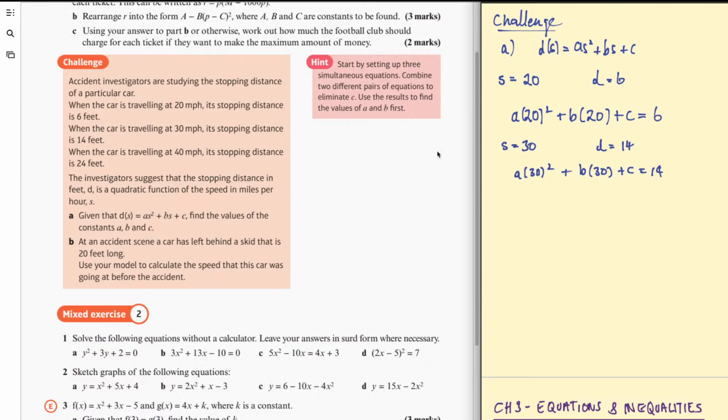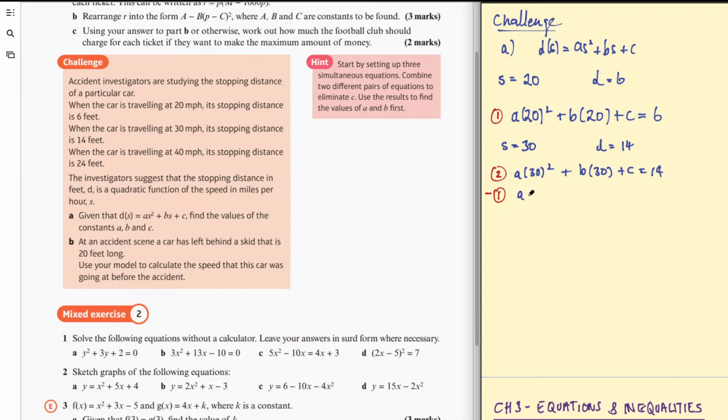Here, I believe we have enough information already to solve for a and b. But let's see. Let's call this one equation 1 and equation 2, and then let's subtract equation 1.